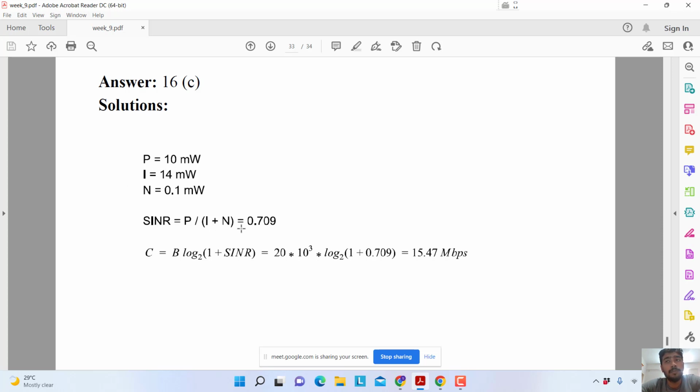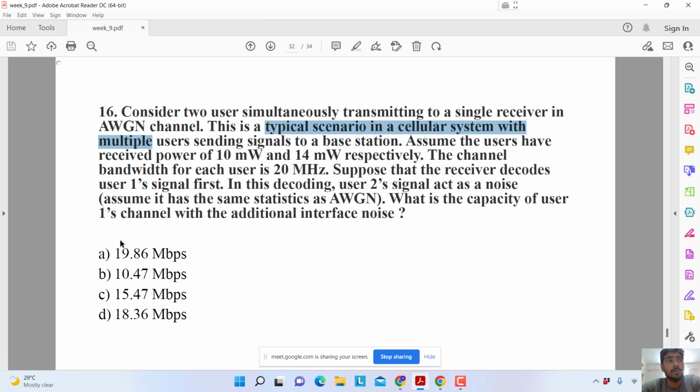It will become 0.709. When you get your SINR, you can calculate your capacity. It will be B log2(1 plus SINR). Just put these values in, and from there you will get 15.47 Mbps capacity. So see what is the right option.